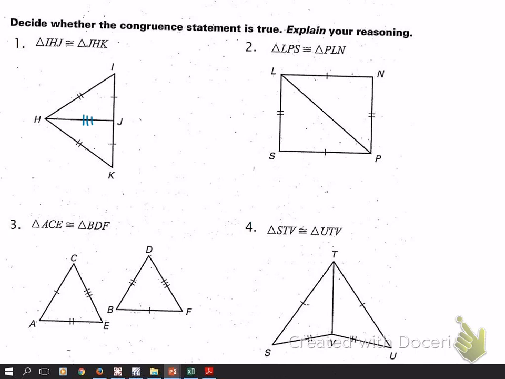Now we've got to check and make sure that our congruence statement is written correctly. So IH is congruent to JH in this picture, right? IH and JH, nope, no. So this order is not correct. So no, the congruence statement is not right.